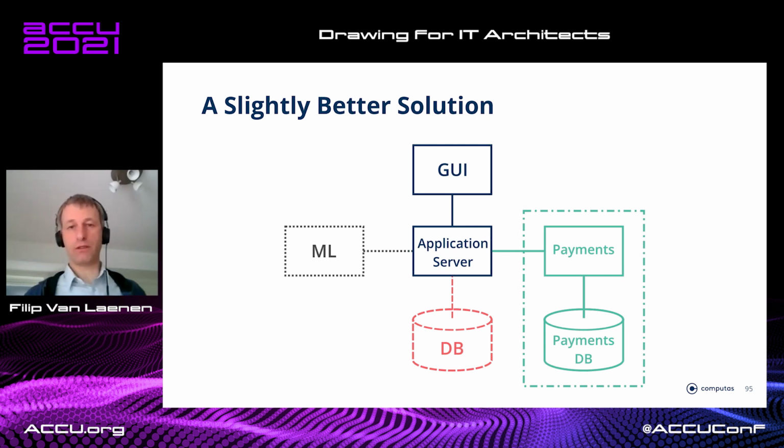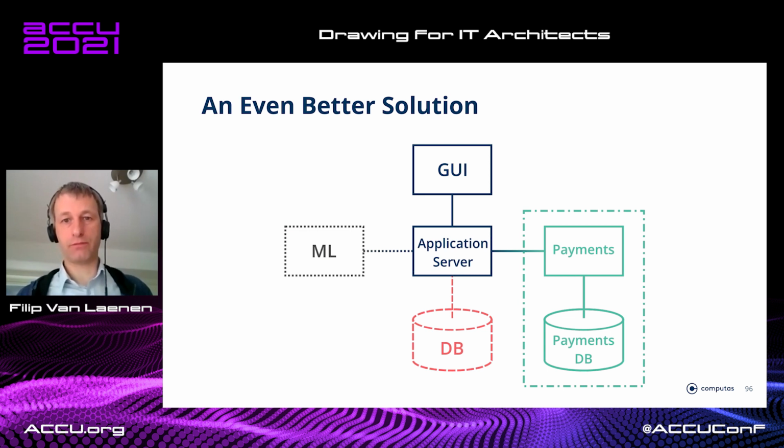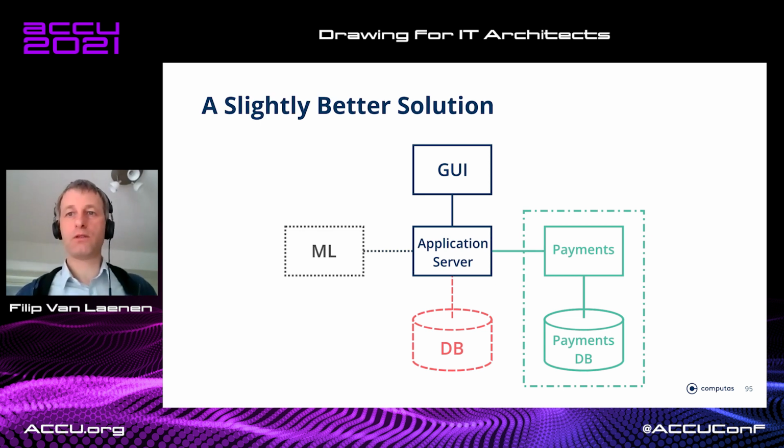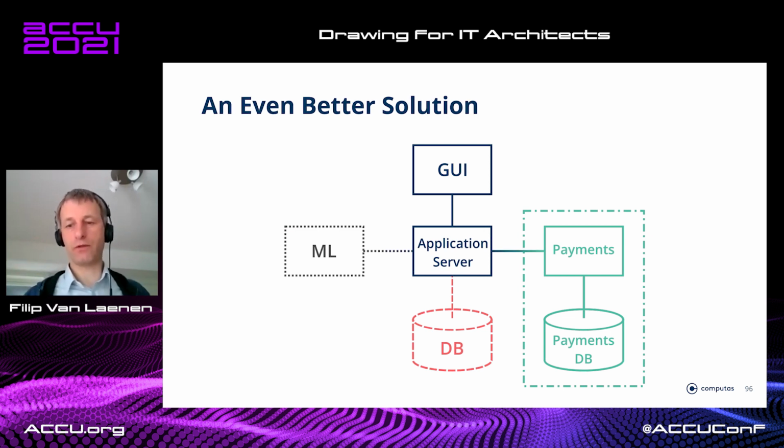For example, if you look at the connector between the application server and the payments, you can make the color go from blue to green. If you look at the first drawing, you see that the connector is green all the way up to the application server.